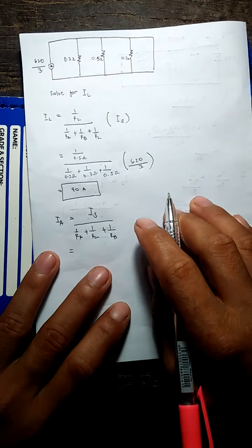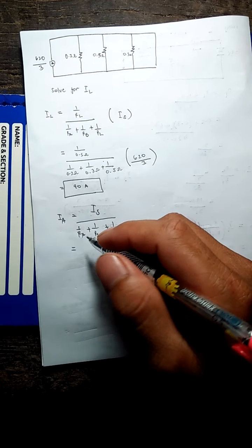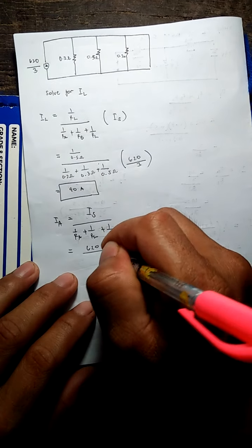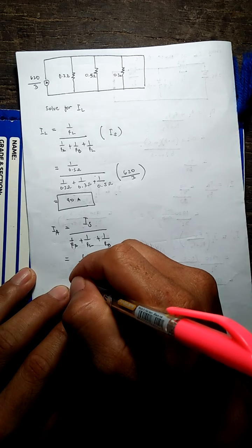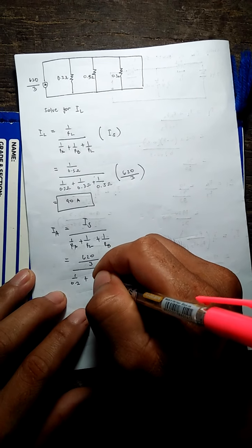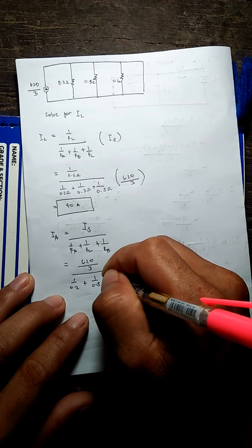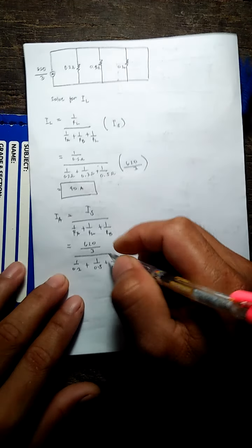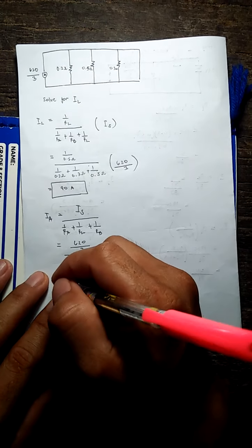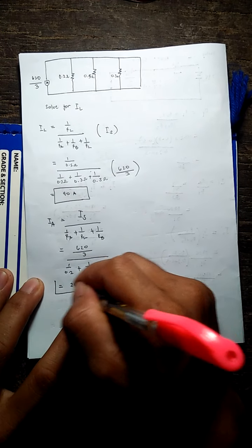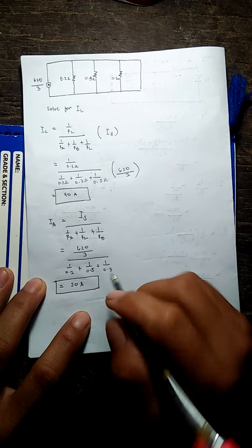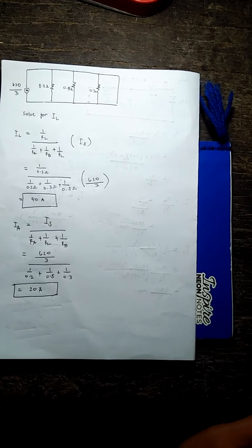By simple substitution of the values, 620 over 3 over 1 over 0.2 plus 1 over 0.5 plus 1 over 0.3. Then it will have a result of 20 ampere by simply calculating it using a calculator.